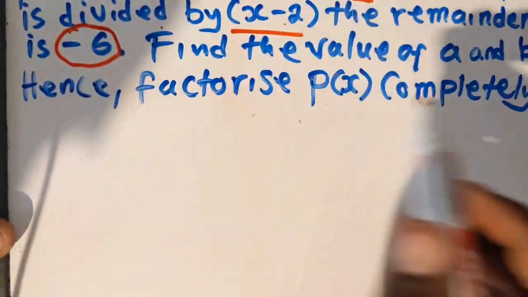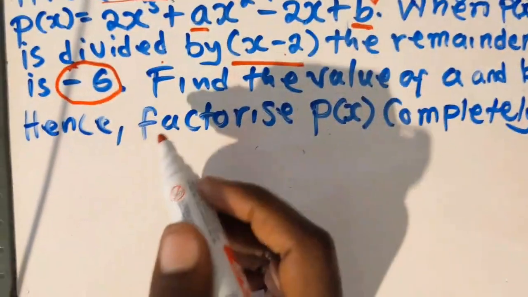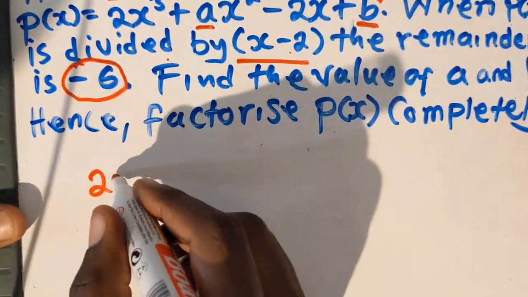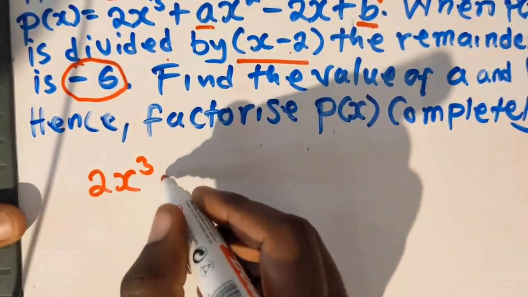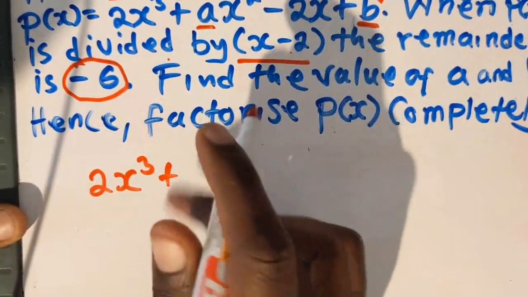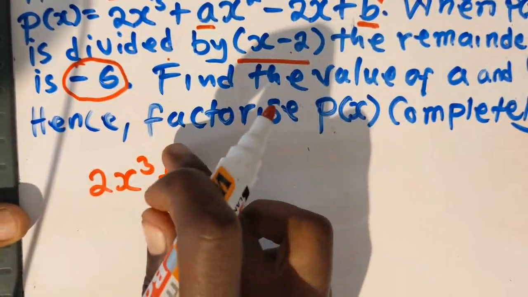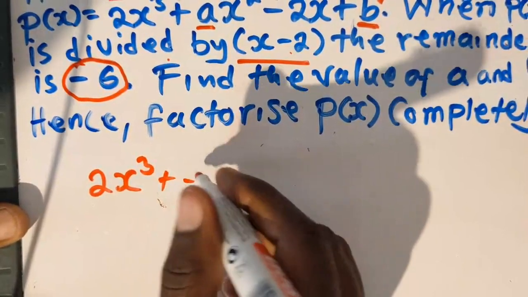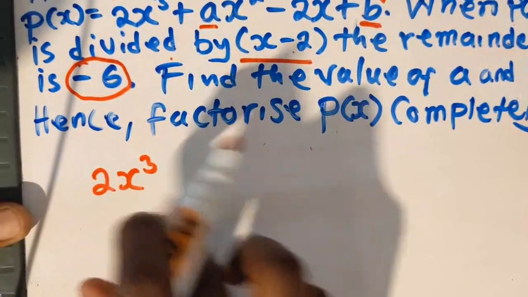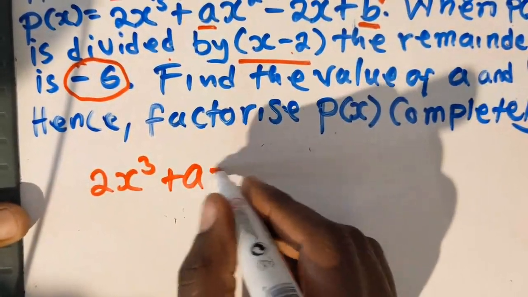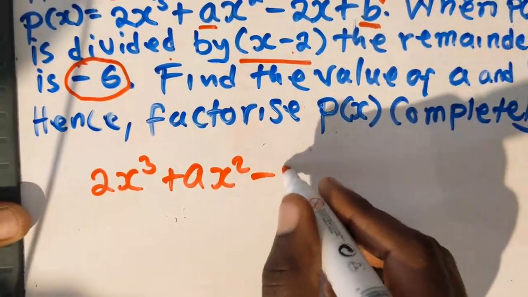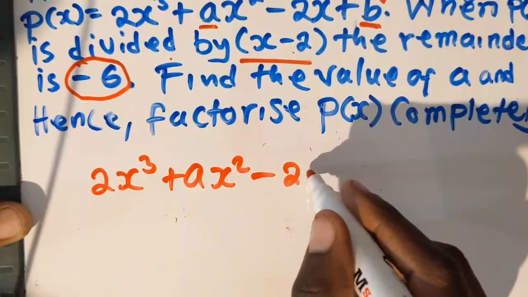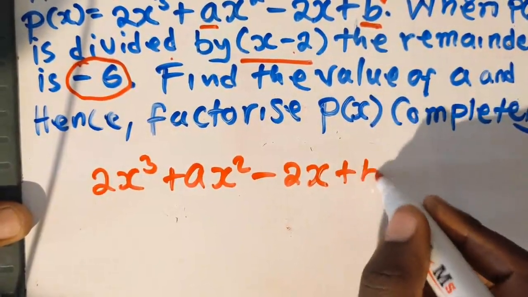So this polynomial is 2x to the power 3 plus a x to the power 2 minus 2x plus b.